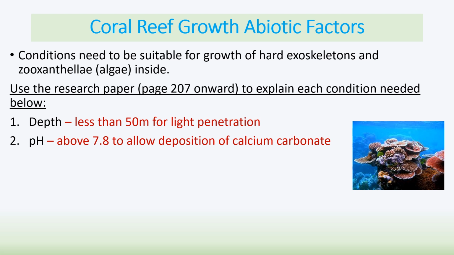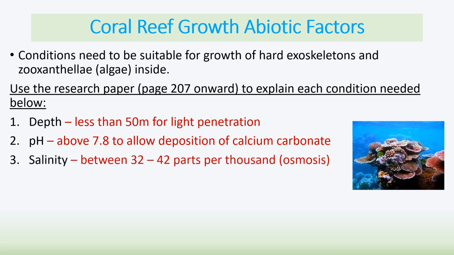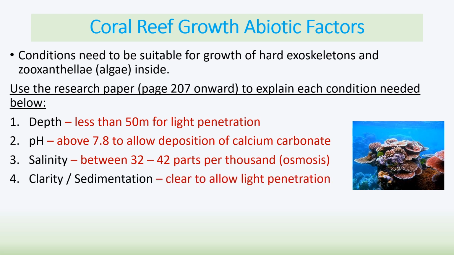If it goes below into acidic levels, this is when acidification of the corals occurs, which is coral bleaching, which is something you'll study in the climate change part of Project 3. Salinity has to be at a certain level within the ocean, and that is to prevent osmosis of the algae happening uncontrollably, and that is something that all sea creatures have to deal with.